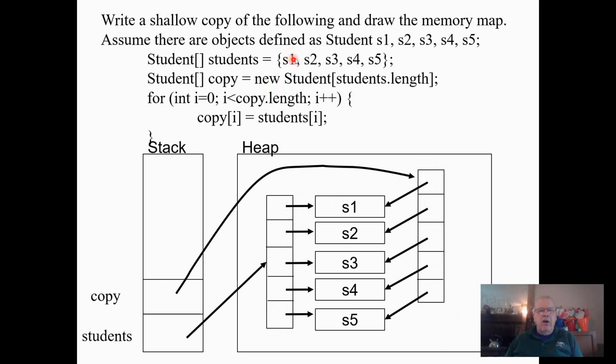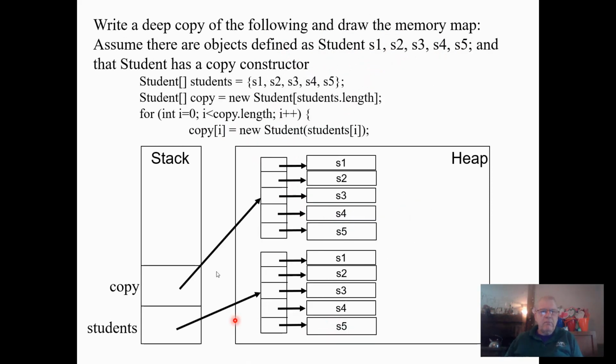We assume that there are 5 students already declared, already defined, and they're put in the array here. And then when we loop through, we just copy student sub I into copy sub I, and so we end up with a construct like this. So here's the equivalent version of a deep copy.